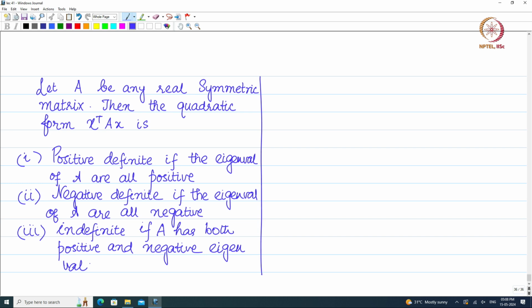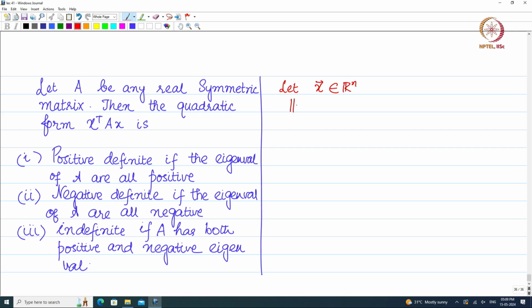Okay. Now, before we go further, let us see if you have seen this kind of a quadratic form somewhere before. Have we come across this before? Of course, we did come across this when we looked at the length of the vector. Let x be a vector in R^n.